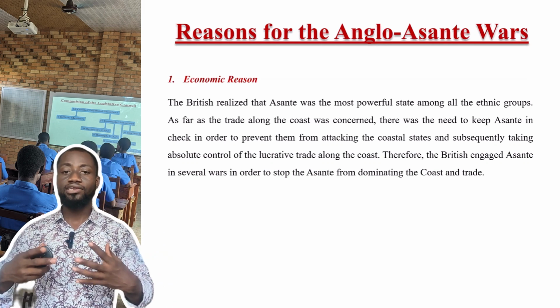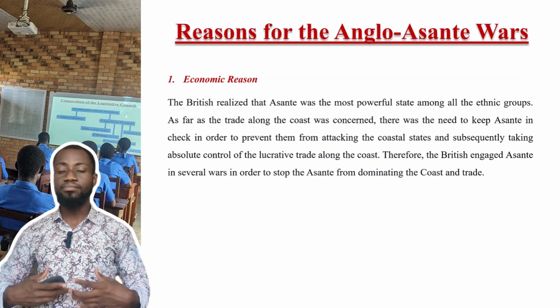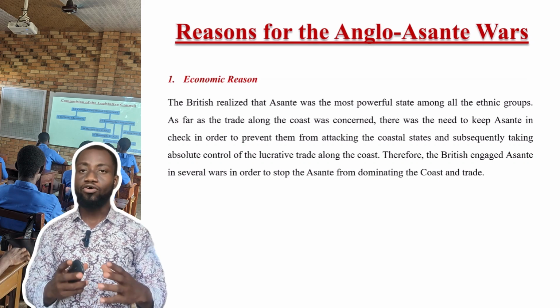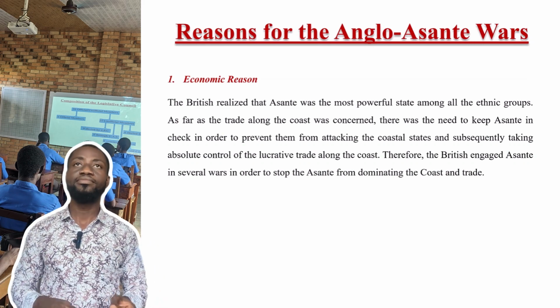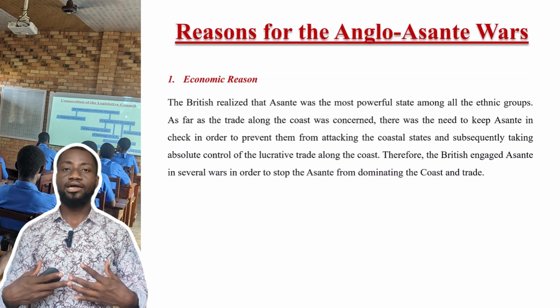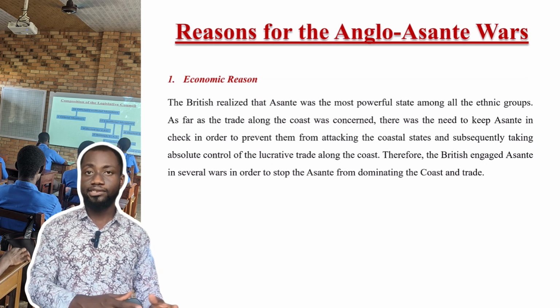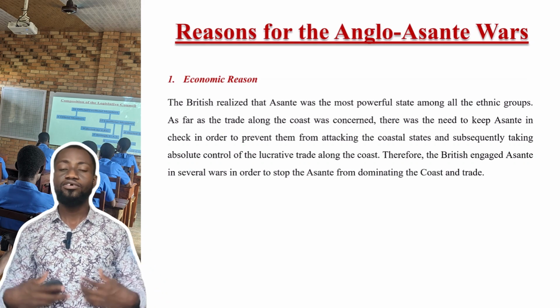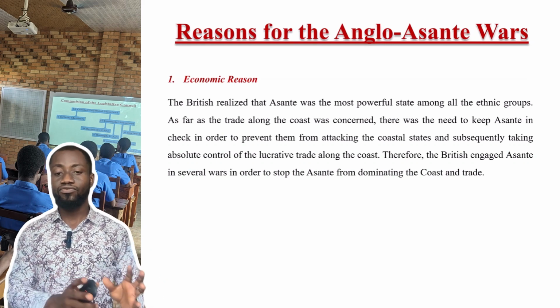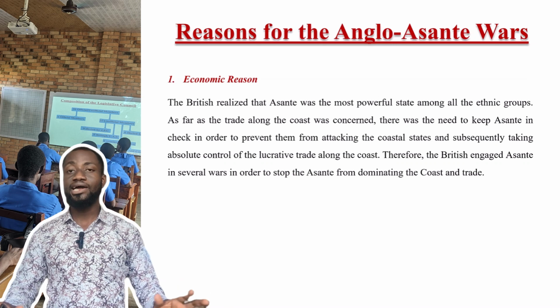And so the British had to intervene, and they believed that through war, by conquering Asante and subduing them, that will give them power over the Asante, so that peace will prevail for trade to continue. So that was the economic reason, basically trade.